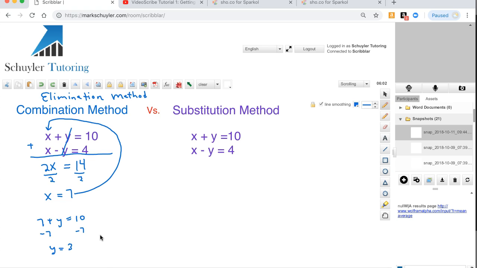And as I said in my introductory slide, if you put the x value of 7 together with the y value of 3, you have an xy coordinate pair. You have a point. What point is it? It's the point where these two lines intersect on the xy coordinate plane. Now, these may not seem like lines, x plus y equals 10.